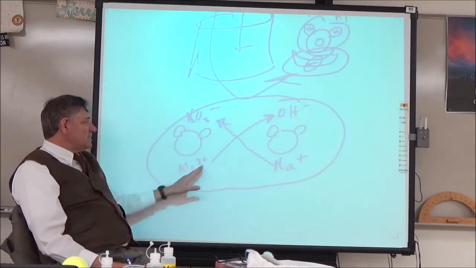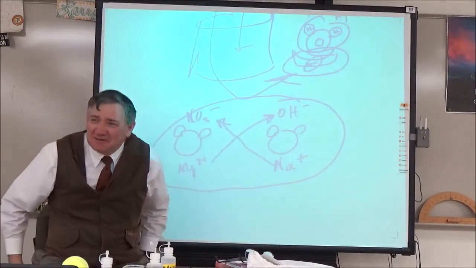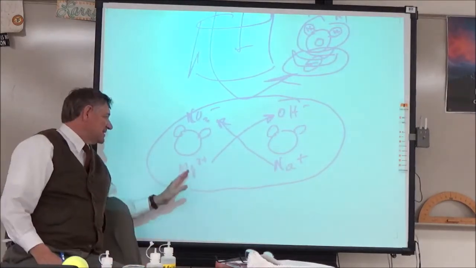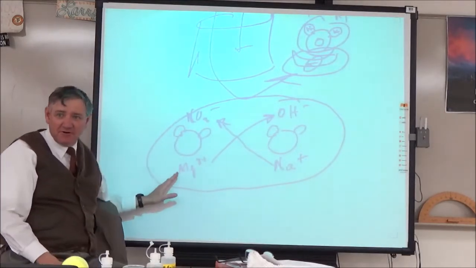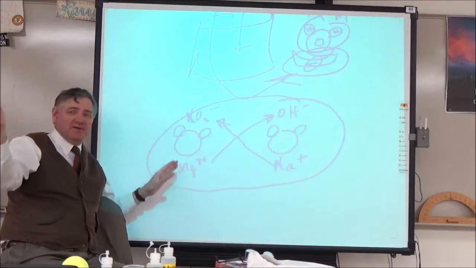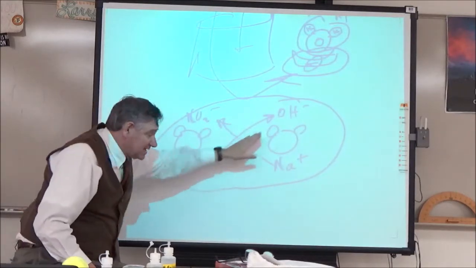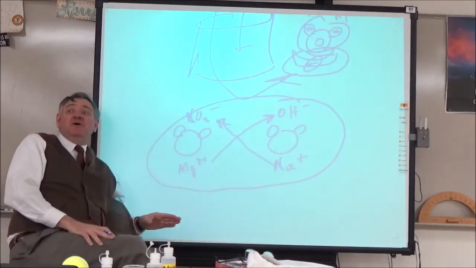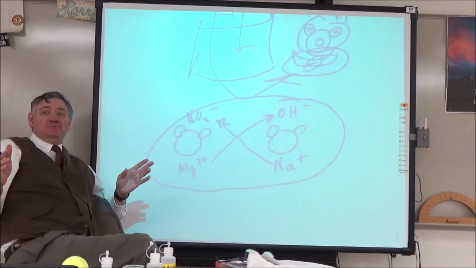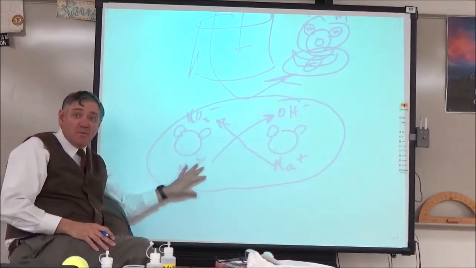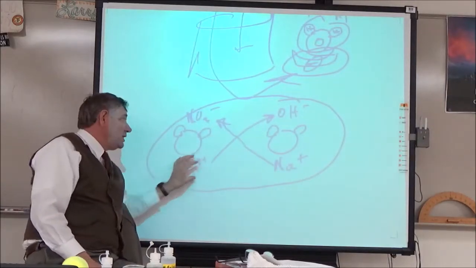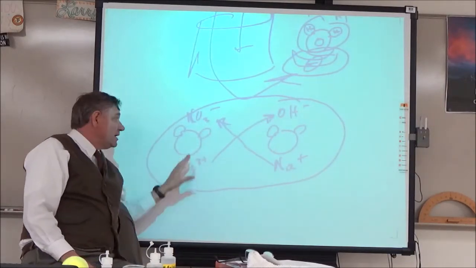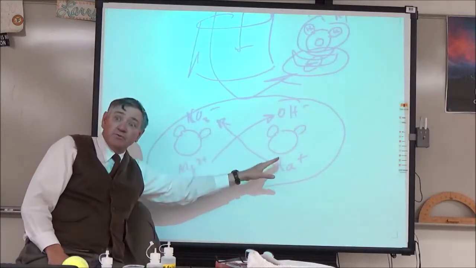The magnesium and the hydroxide go, whoa, sup? This is like Tinder on an atomic level. They're going to swipe left or right, whichever direction it is. So the magnesium and the hydroxide are going to go, we have found love, true love. The bond between these two is stronger than the bond with water molecules.